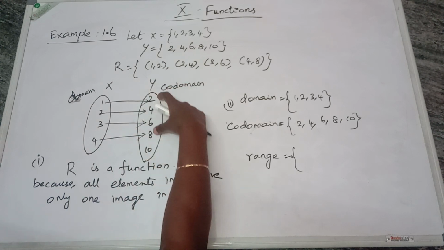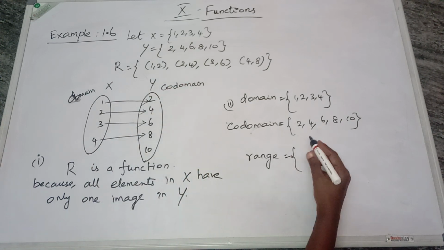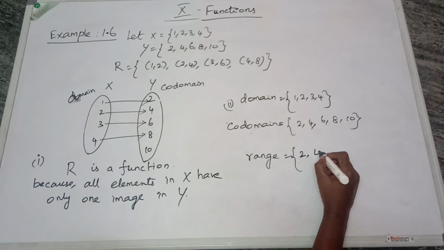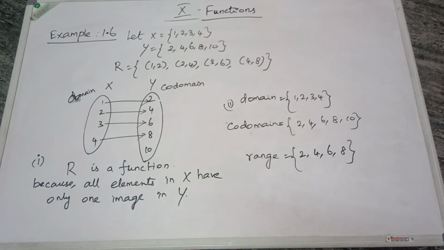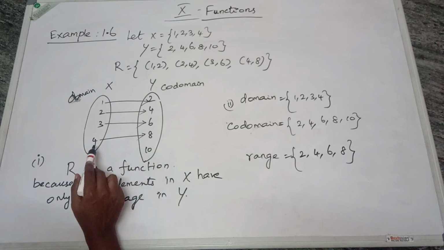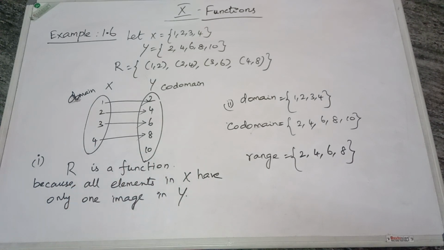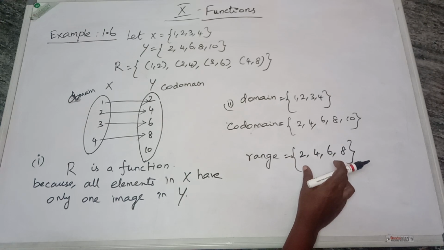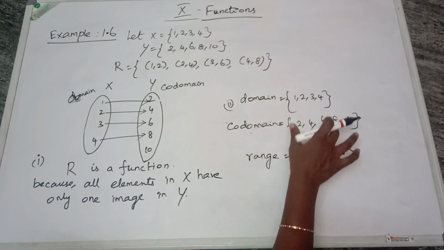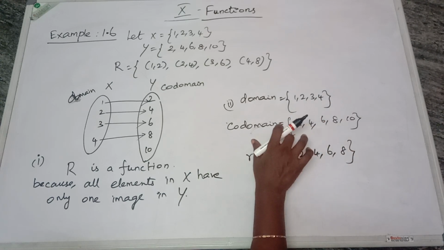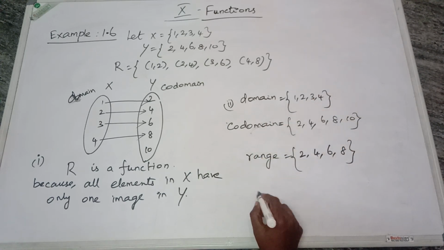So the collection of images is called the range: 2, 4, 6 and 8. We should not include 10 here because 10 is not the image of any element in X. Range is only the collection of images, but codomain is the second set fully, and the first set fully is called the domain.